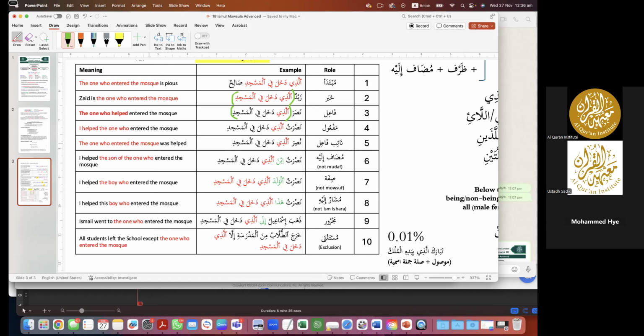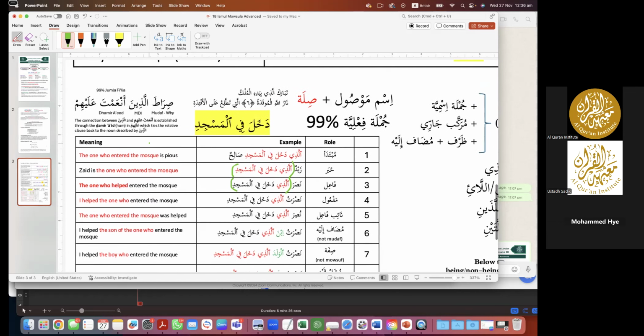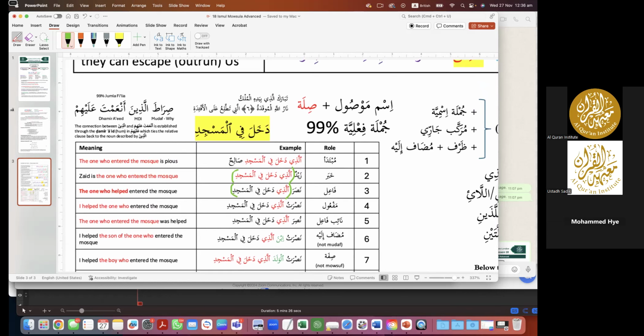So, okay, now, example of 0.1%. Sirat al-ladhina an'amta alayhim. This is Jumla filia. Which is part of 99%. Tabarakalladhi biyadihil mulk.